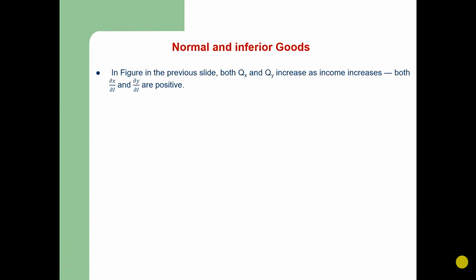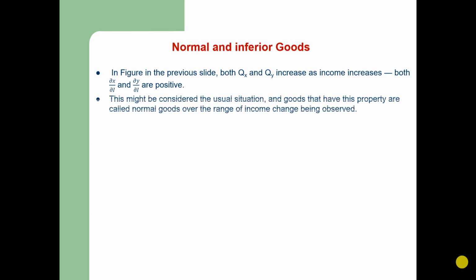In the previous figure, we saw that both quantity of X and Y increased as income increased, and both the partial derivative of X with respect to income and the partial derivative of Y with respect to income are positive. So if these are positive, then this might be considered the usual situation, and goods that exhibit this property are called normal goods rather than inferior goods over the range of income change being observed.